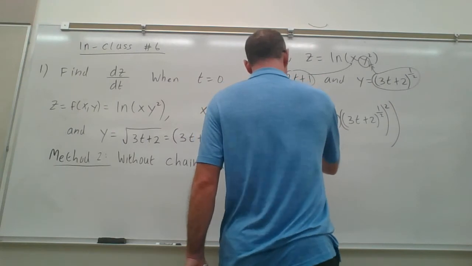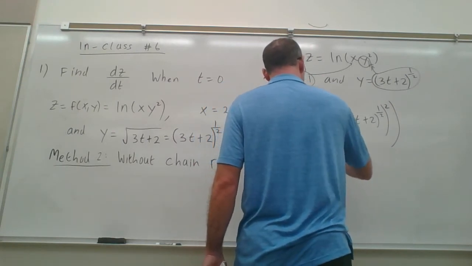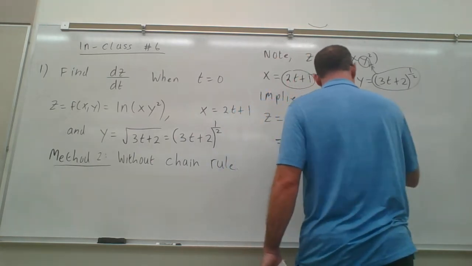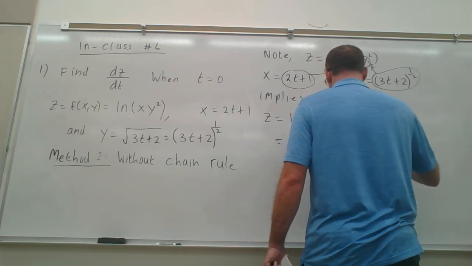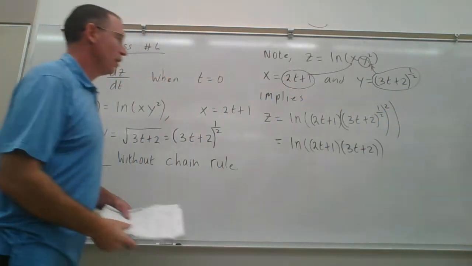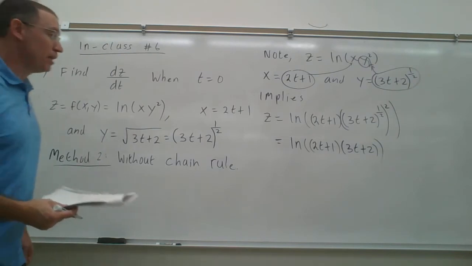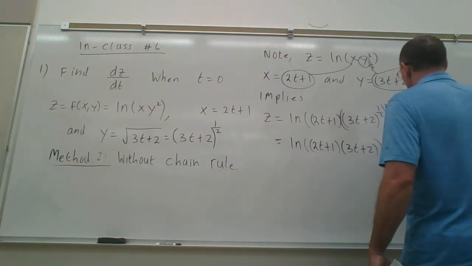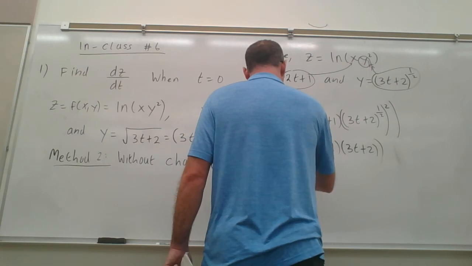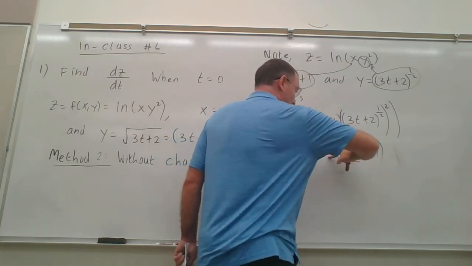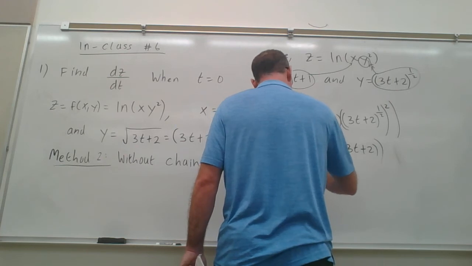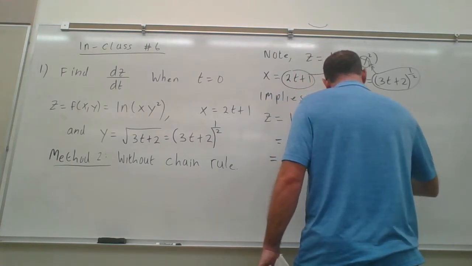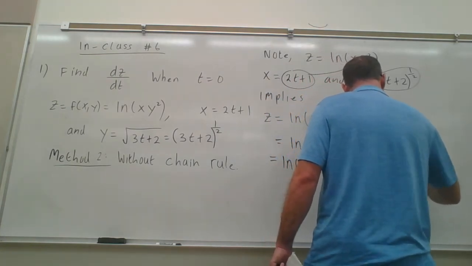Okay, so this we can simplify a bit as ln of 2t plus 1 squared times 3t plus 2. And now to make things a bit easier, using properties of log, essentially multiplying two things here, you can break this up as a sum, so the ln of 2t plus 1 plus ln of 3t plus 2.